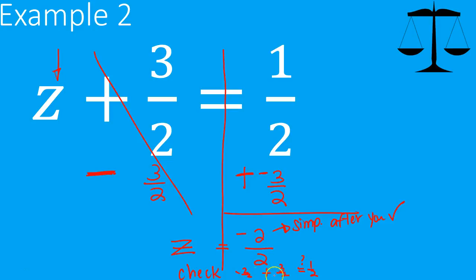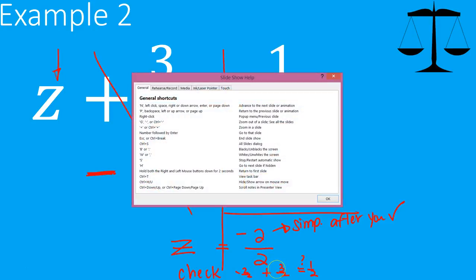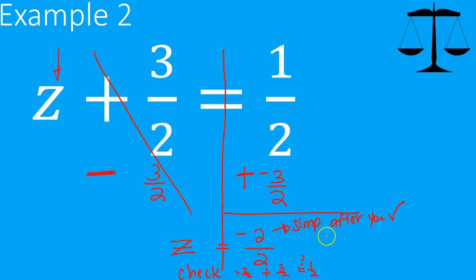So, okay, we have the same denominator. That's good. We're going to add or subtract only the numerators. So negative 2 plus 3. Different signs, so we have to subtract them. 3 minus 2 equals 1. There are more positives, so it should be a positive 1, and we get 1/2. Now that that's correct, I'm going to go back and simplify.